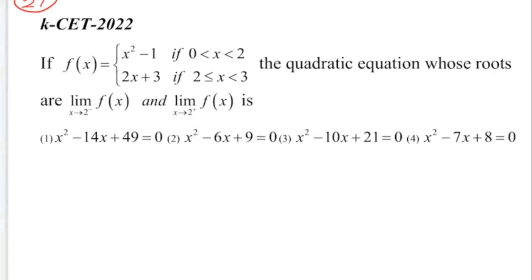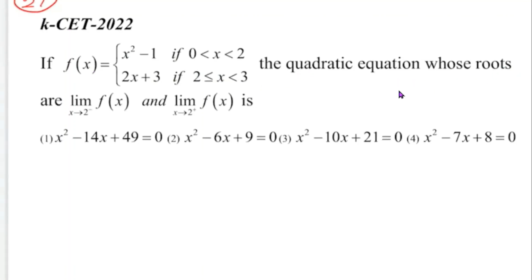Now question number 21 is taken from KCET 2022. If f of x is defined as x square minus 1 when x lies between 0 and 2, and 2x plus 3 if x is such that 2 less than or equal to x less than 3.